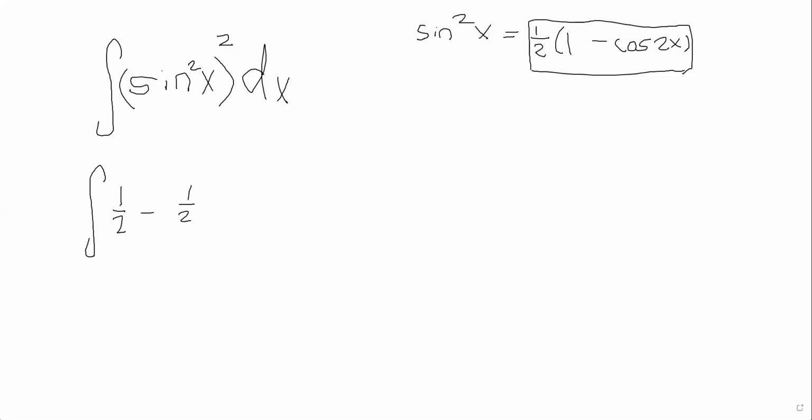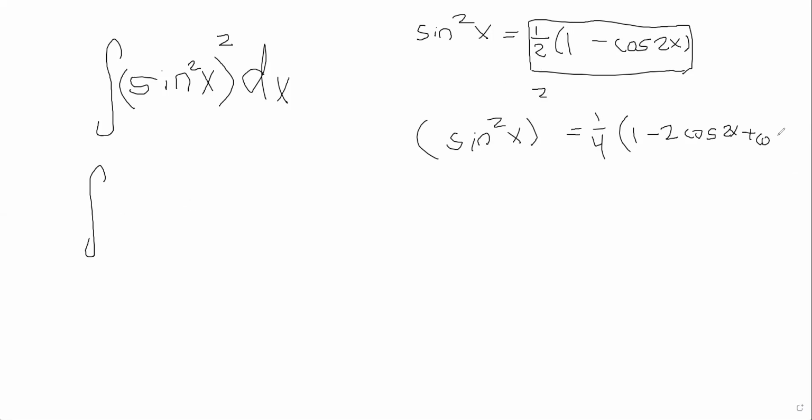Actually, you know what? For now, I think I want to square this first. So if we square this thing right here, what we get is 1/4 times (1 minus 2 cosine of 2x plus cosine squared of 2x).